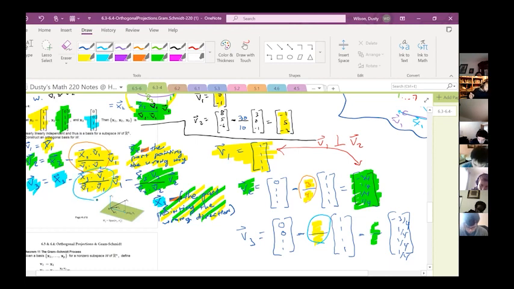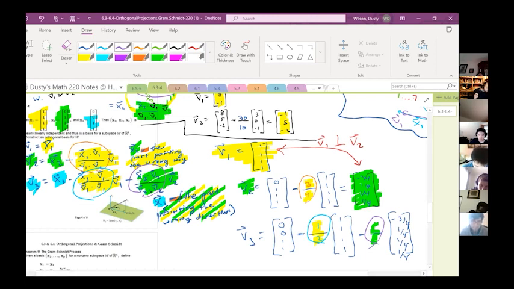I got a 1/2 for the first, I think is what I'm seeing in the chat. And the second one, I'm seeing 1/6. Sixths out there. Is that what you guys are getting? 2/3? Yeah, 1/6 or 2/3.